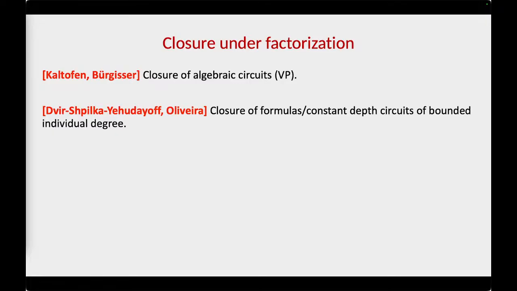The other set of closure results were proved by Dwyer, Amir and Raphael, who showed that formulas and constant depth circuits with bounded individual degree are closed under taking factors. Pranjal, Saxena and Sinababu, and in a joint work with Chining Chow and Solomon, we showed that the complexity class VNP is closed under taking factors.